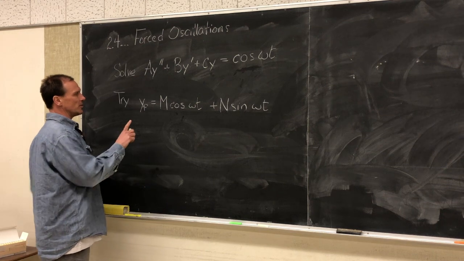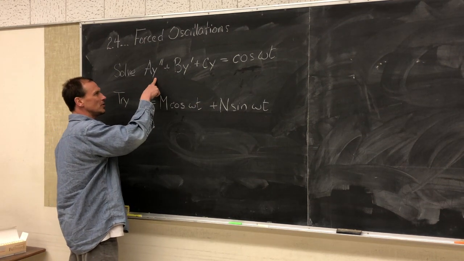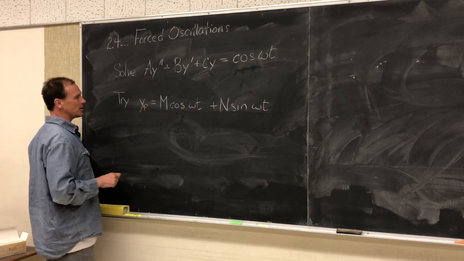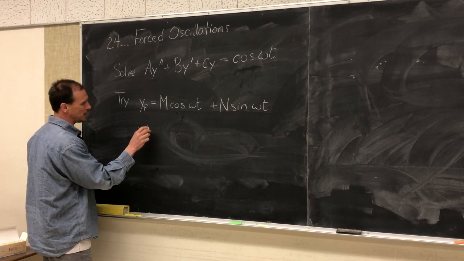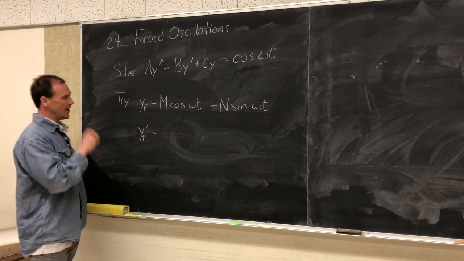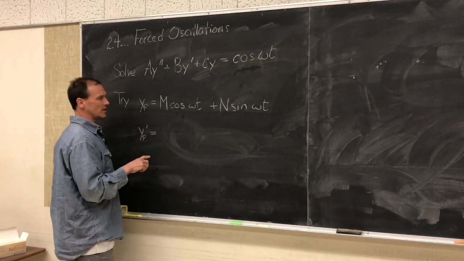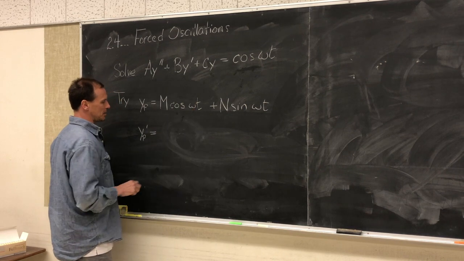So we're going to take our particular solution and substitute it into our differential equation. So I need y particular, and in order to do that, I'll need y particular prime. Let's take the derivative of this. The derivative of cosine is going to be a minus sine, and with the chain rule, I'm going to pick up an omega.